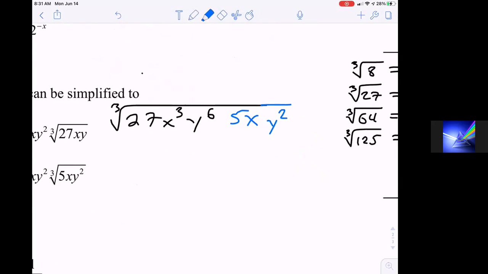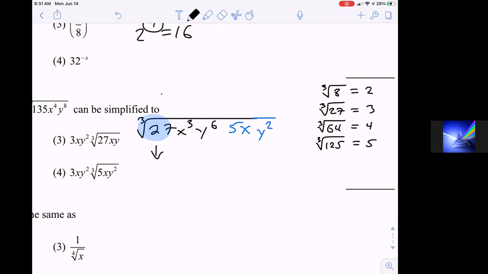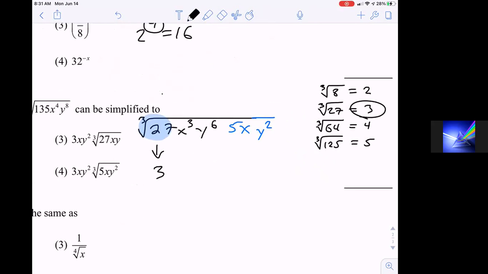So the first part, what's the cube root of 27? We start there. Well, that's 3. What's the cube root of x to the 3rd power? It's x to the 1. We go x to the 3 divided by 3. We divide the exponent by the root.